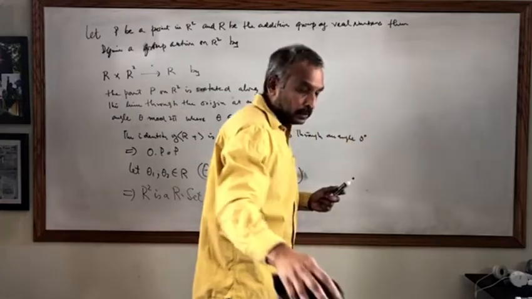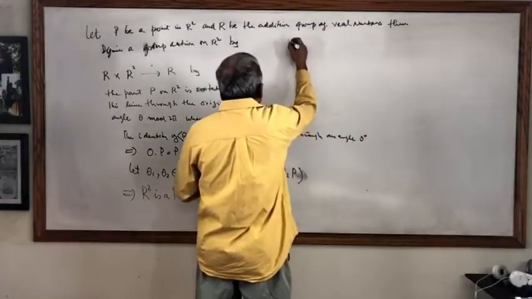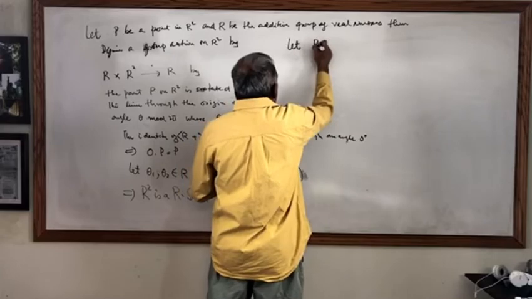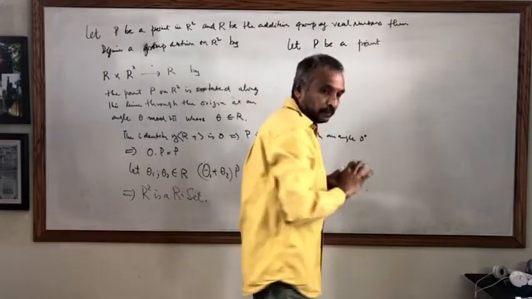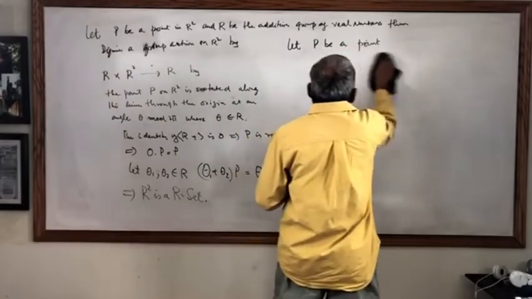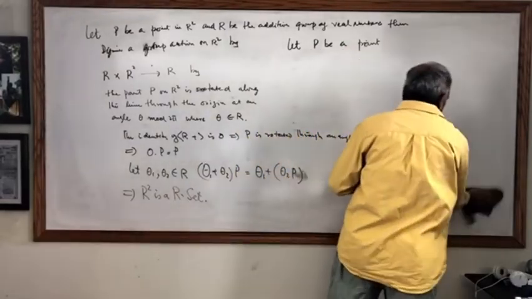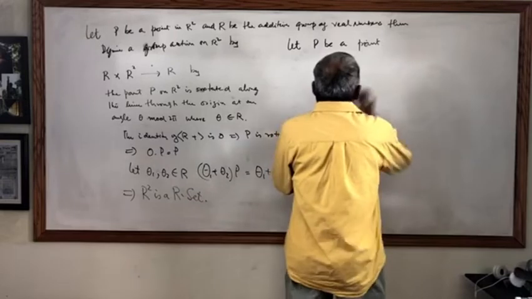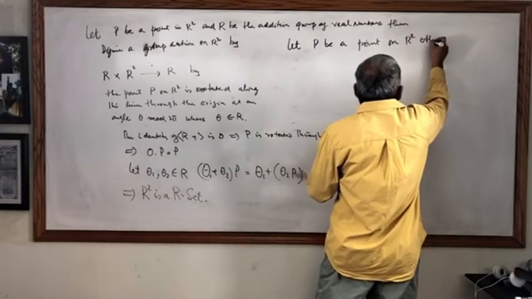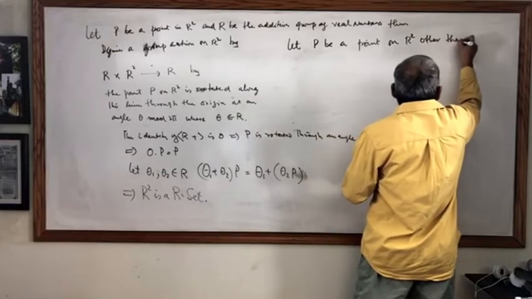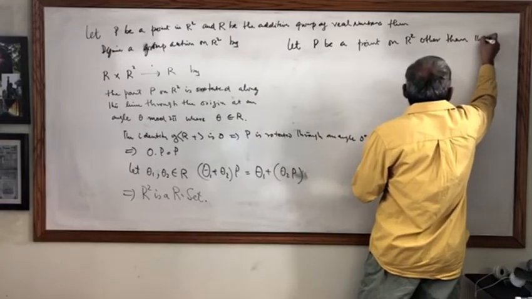So let P be a point on R square other than the origin.